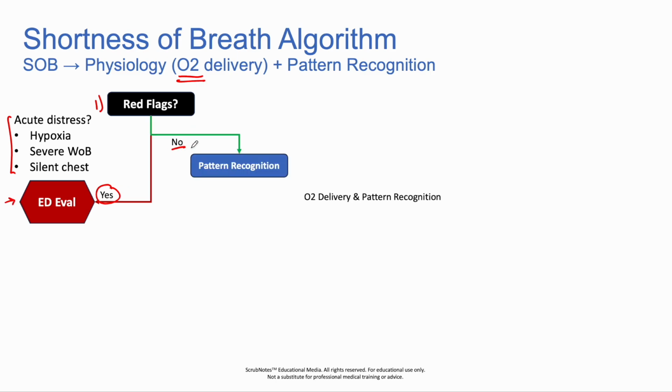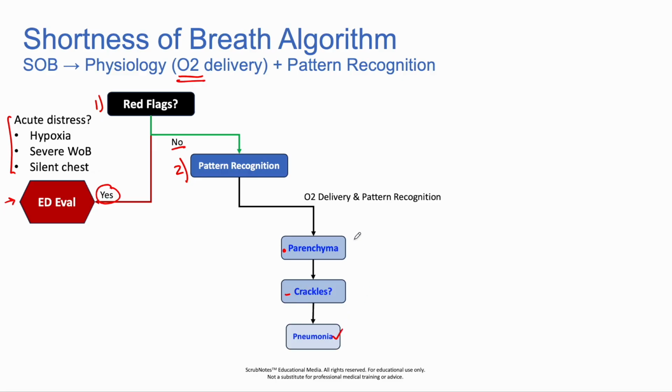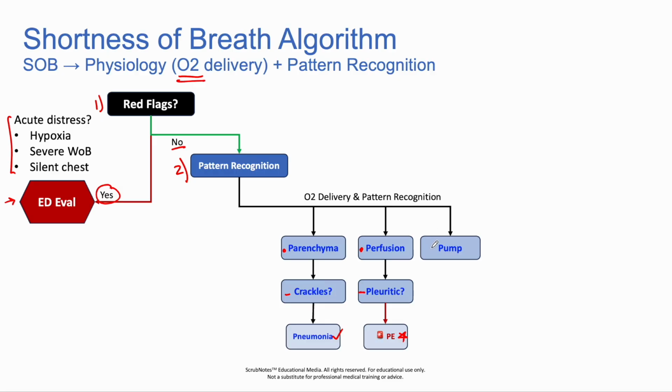Next, we can use pattern recognition to help us identify where the problem is. So we have the pattern of parenchyma, which could present with crackles on our lung exam, and that would be indicative of pneumonia. If there was a perfusion problem, that's likely pleuritic, then we'd be concerned about a PE, and that's an emergent referral. If it's a pump problem, we might see signs of swelling, in which case that would be indicative of congestive heart failure.